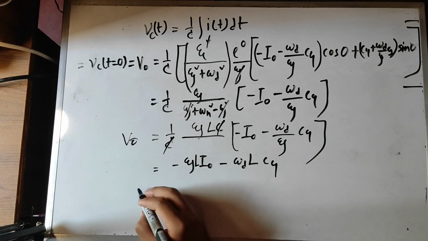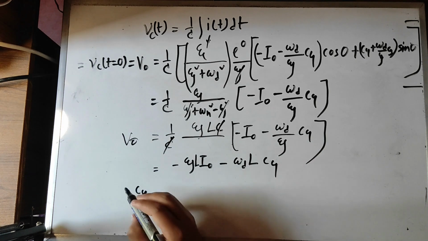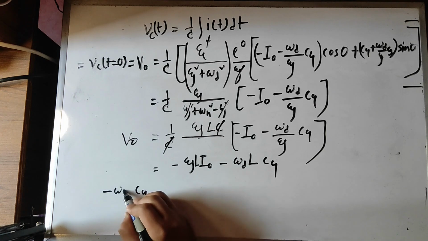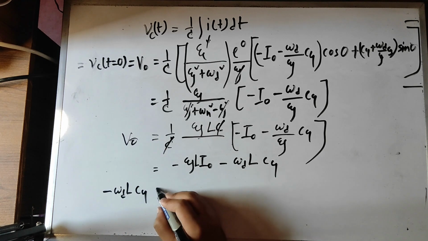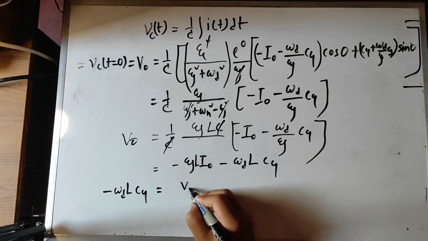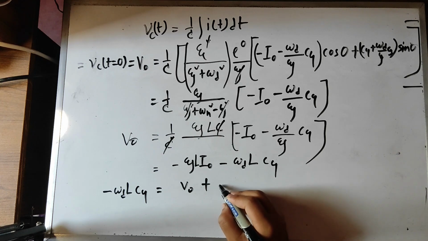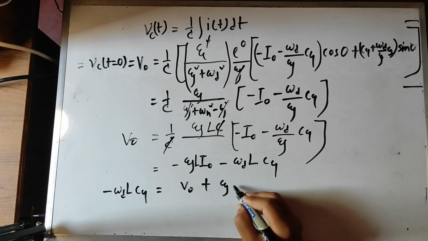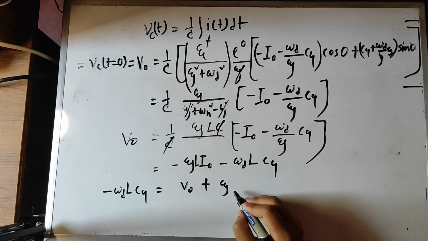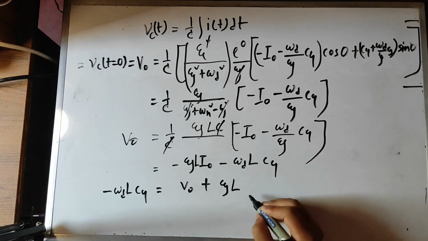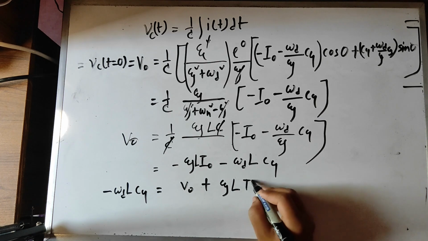So now C4 is minus omega_d L V0 plus zeta L I0.